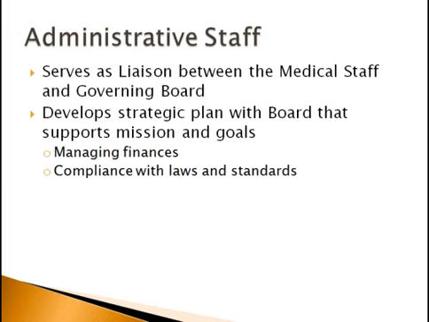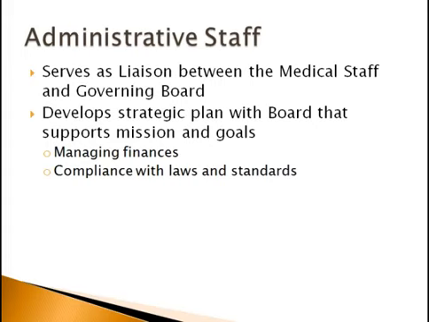The administrative staff serves as a liaison between the medical staff and the governing board. They develop a strategic plan with the board and the medical staff that supports the missions and goals of the organization.